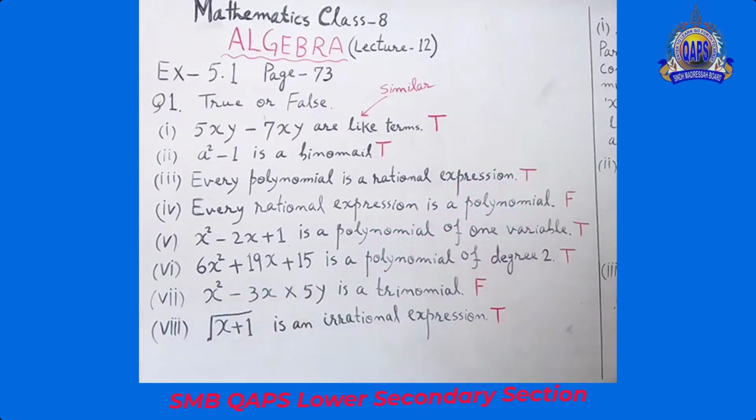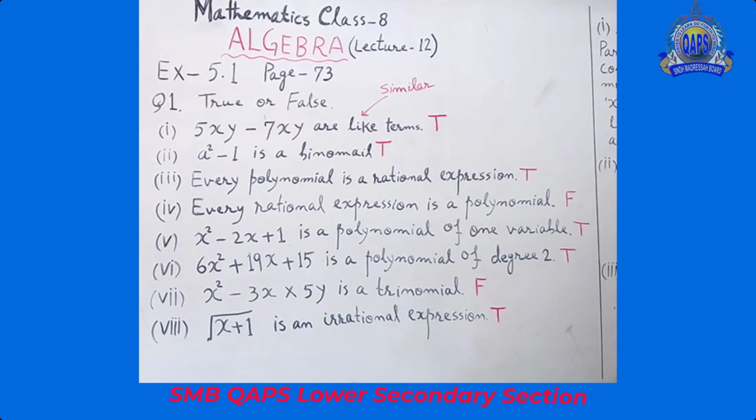Yes, true. Why? The reason is that you should know what is a polynomial, and the answer is that a rational expression is an expression in the form of P oblique Q. You see, numerator, denominator, P numerator, Q denominator, where P and Q are polynomials, but Q is not equal to 0.